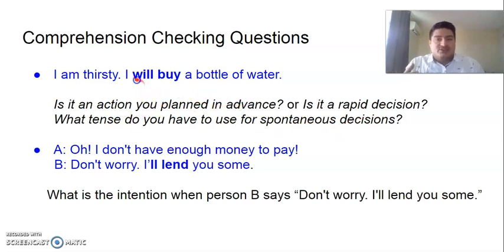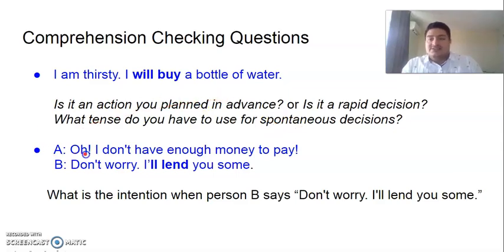And why is it using will, I will buy? You can also ask them, what tense do we have to use for spontaneous decisions? So you can change this spontaneous decision for what tense do we have to use for promises, for offers, for predictions, and they realize that they have to use will correctly.